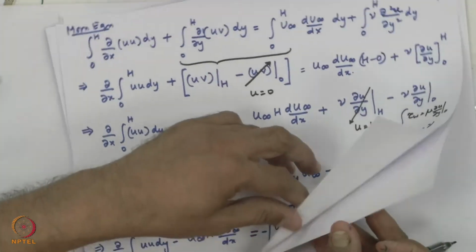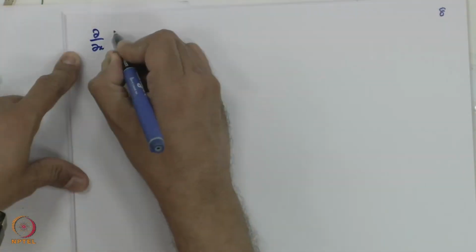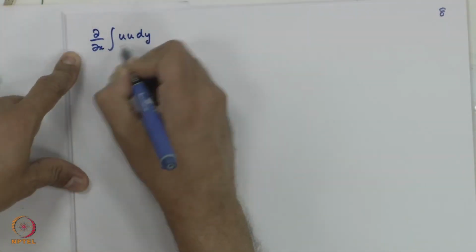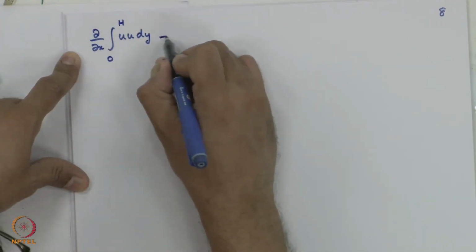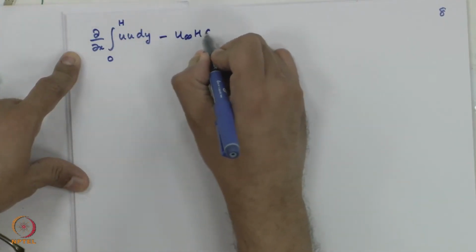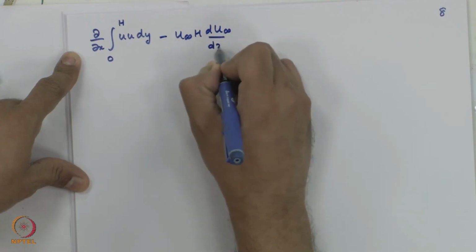This, on simplification, we have to do the maths, unfortunately, we will just do it quickly. We will write term by term: d by dx of integral 0 to h u squared dy minus u infinity h du infinity by dx.